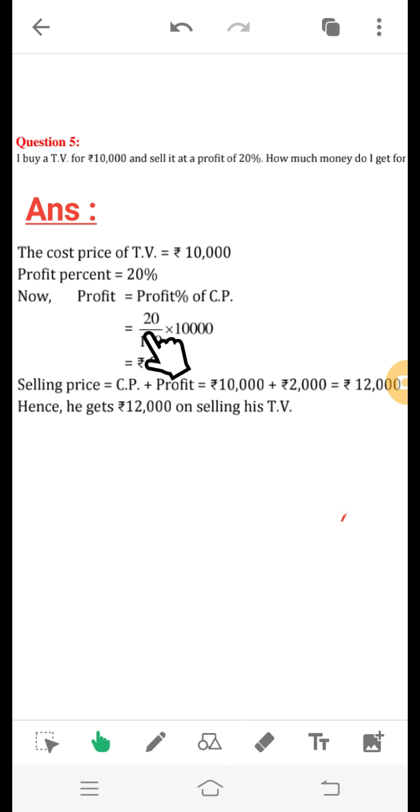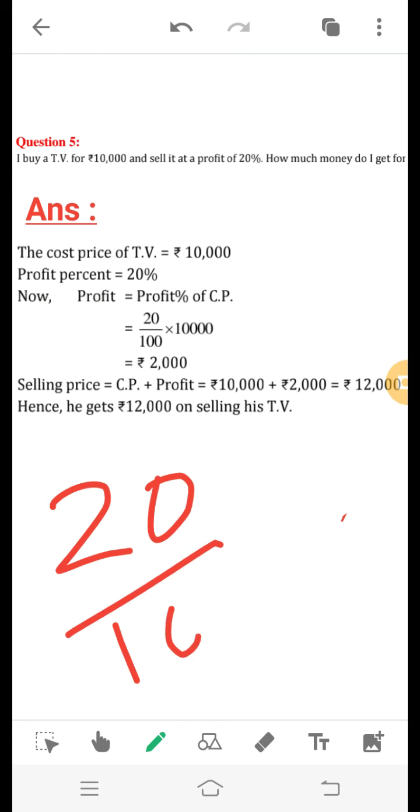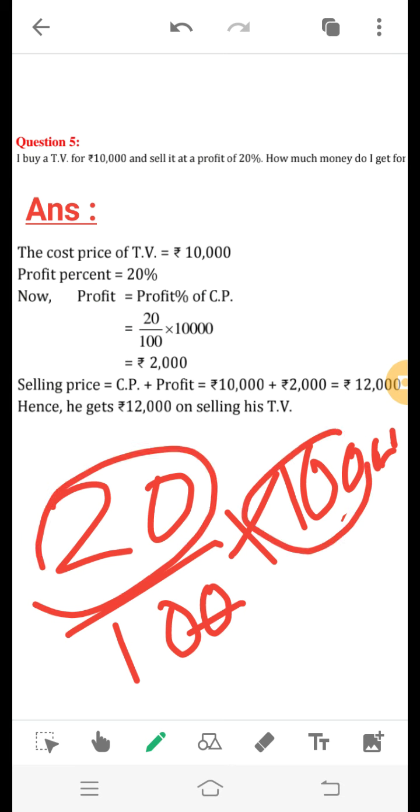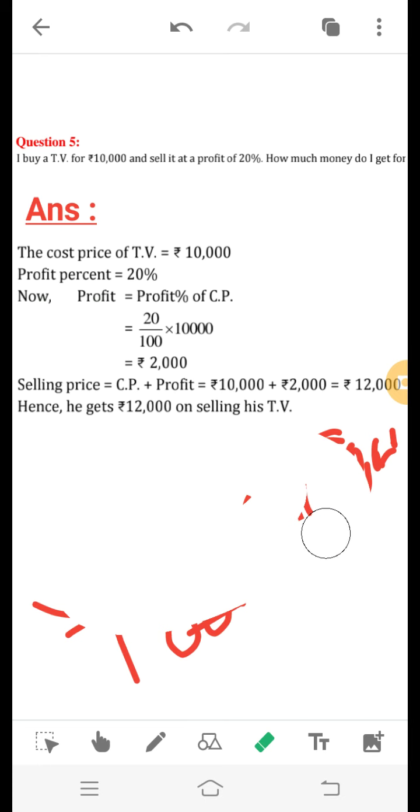Profit percentage is 20%, so divide it by 100, then multiply with the CP, that is 10,000. So here it becomes 20 divided by 100 multiplied by 10,000. 20 cut, 20 multiplied by 100, it's rupees 2,000.